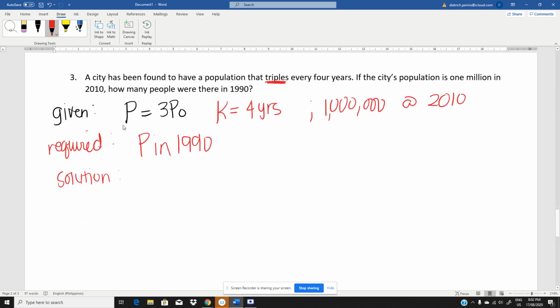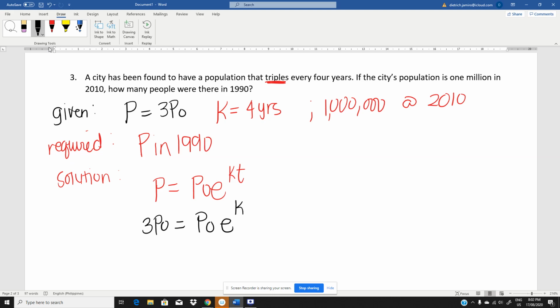We have the formula P is equal to P sub O exponential of KT. Substituting our values, our P is equivalent to 3 P sub O. So we will have 3 P sub O is equal to P sub O exponential of, actually, this one is not K. I made a mistake.